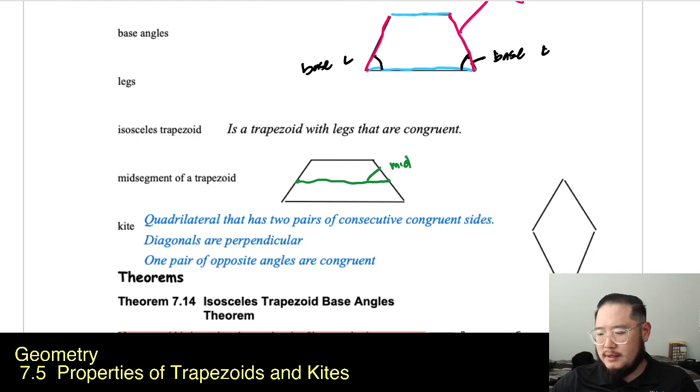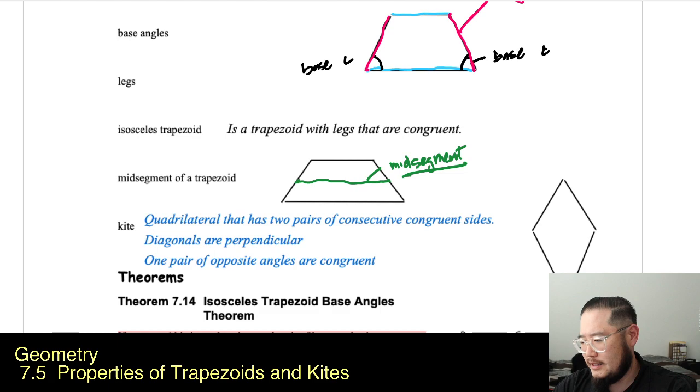Next up, let's take a look at the kite. I've listed three things about a kite. Some of these properties we'll revisit later in the lectures. First off, a kite is a quadrilateral that has two pairs of consecutive congruent sides. So not just one pair of sides, but two pairs.